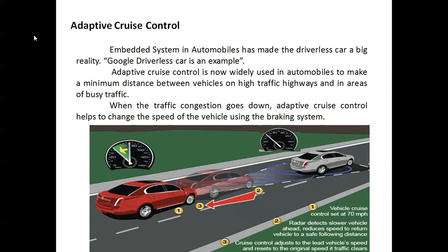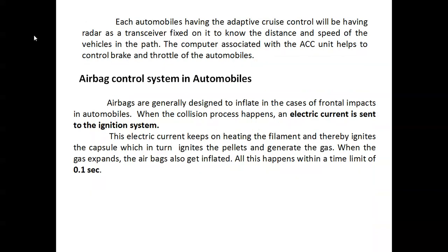Each automobile having adaptive cruise control has radar as a transceiver to know the distance and speed of the vehicles in the path. The computer associated with it helps to control the brake of the automobile.